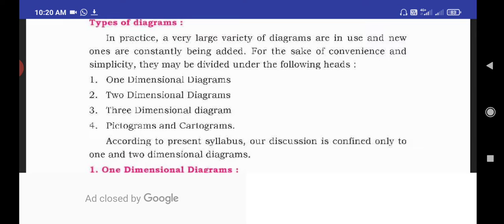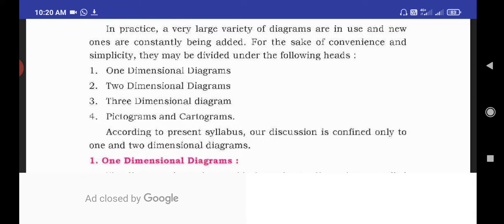Generally we use different types of diagrams, but as per your syllabus, we are using 4: first one is one dimensional diagrams, second is 2-dimensional diagrams, third is 3-dimensional diagrams, fourth is pictograms and cartograms. Let us know about them one by one.